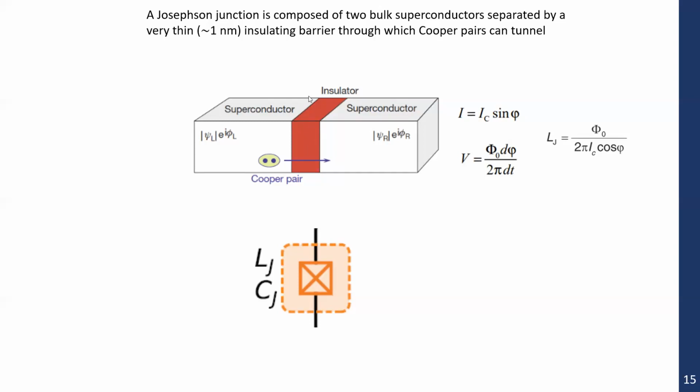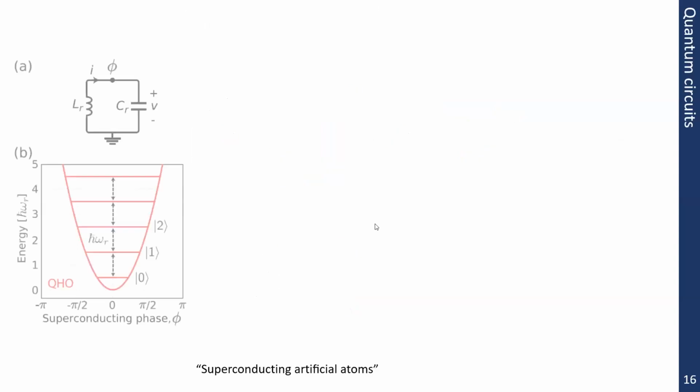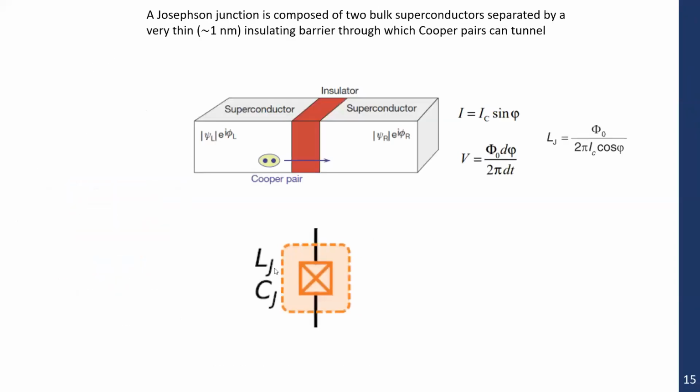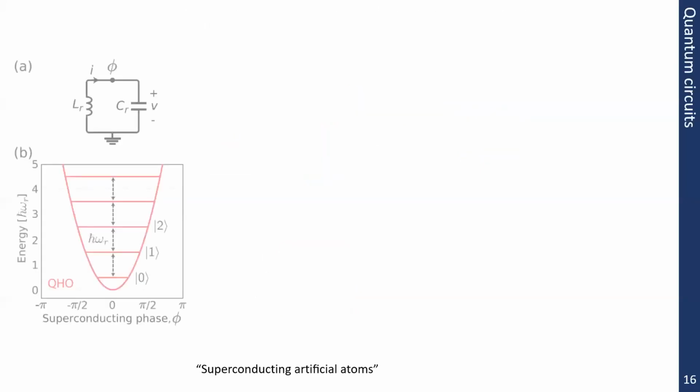But also, since this is a system of two parallel superconductors, it also gets some capacitance. So any Josephson element is described by its intrinsic inductance and intrinsic capacitance. And these parameters, of course, depend on the particular realization of this junction.